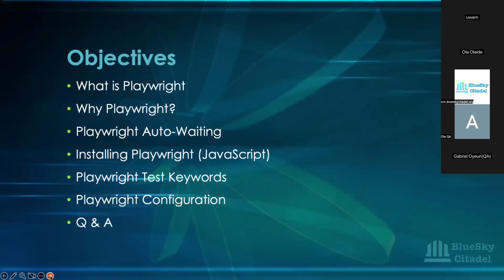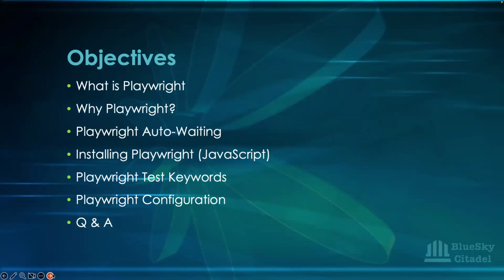So for tonight's objectives, we're going to look into what is Playwright and why Playwright. We will look into the auto-waiting mechanism of Playwright, installation of Playwright using JavaScript, and we'll look into Playwright test keywords.